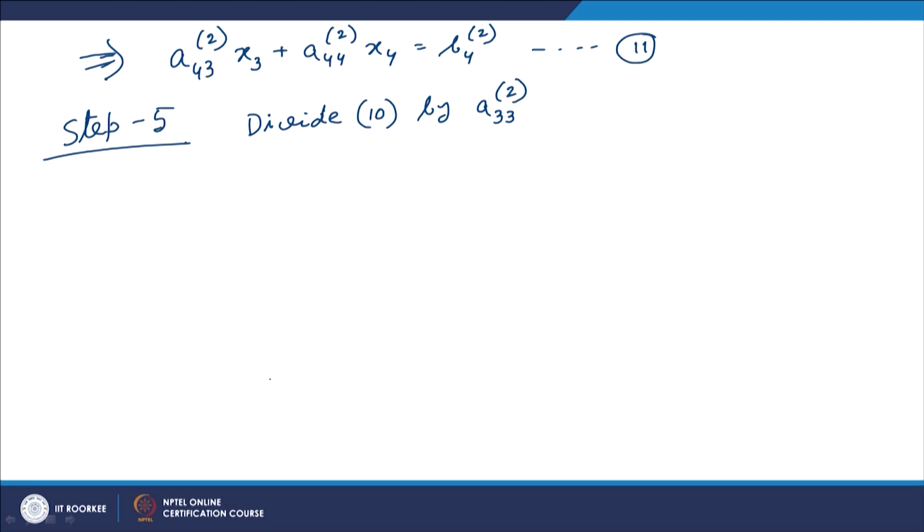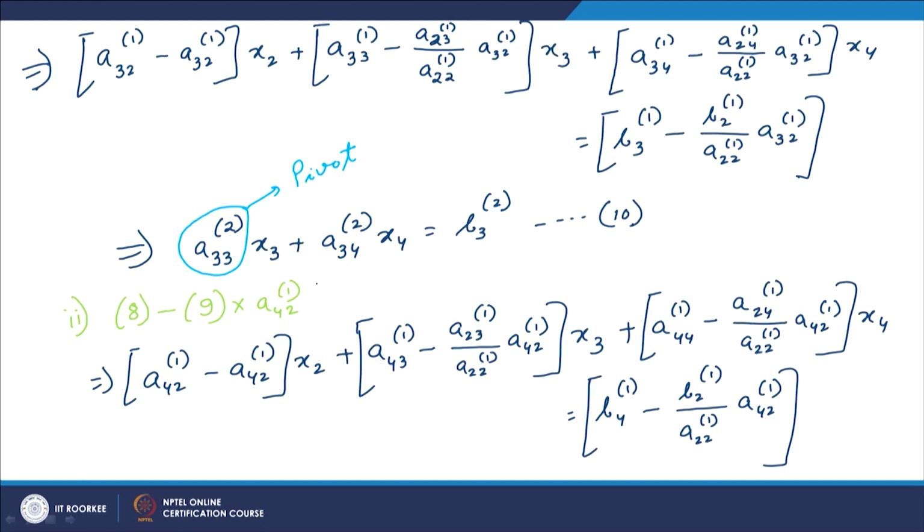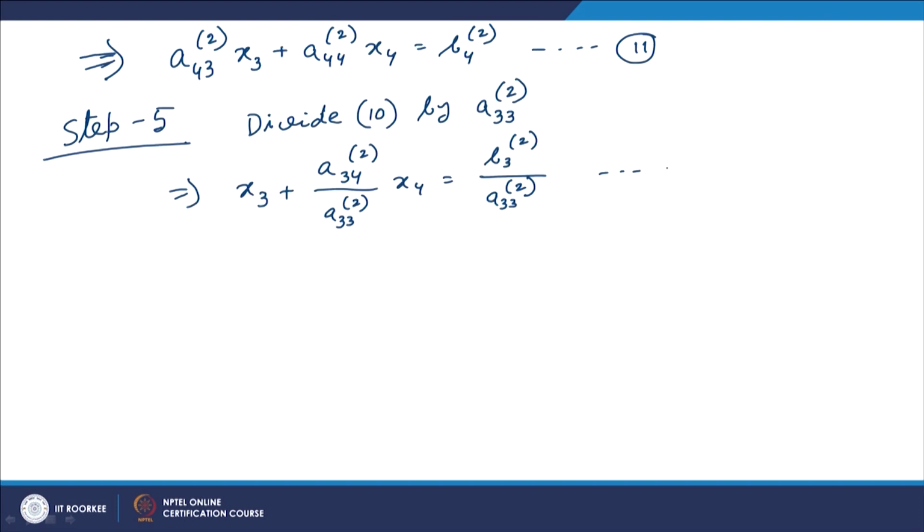By this we get x3 plus A342 by A332 into x4 is equal to B32 by A332. So, that is what I get. This is equation 12.